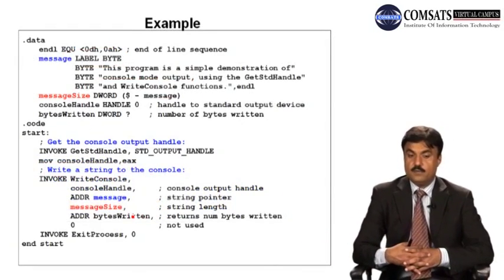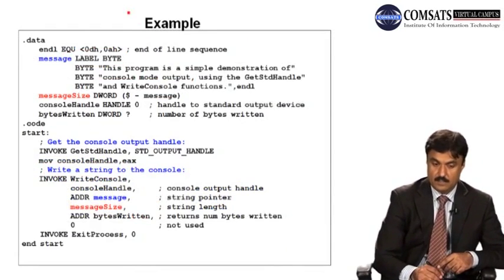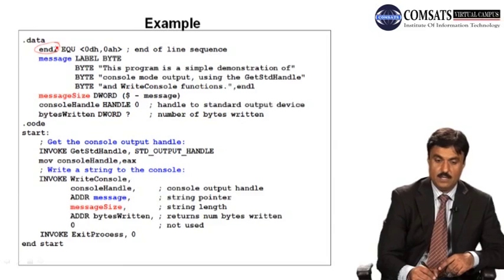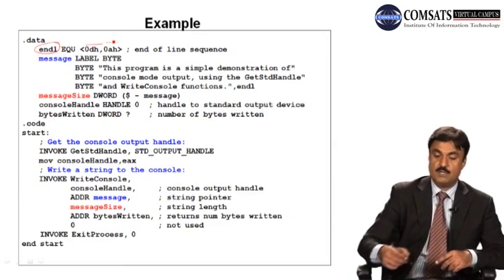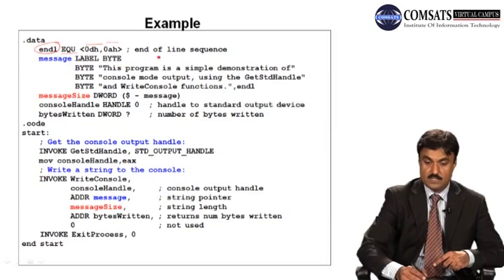In this example, we have defined endL, carriage return and line feed, assigned the name endL. So we've defined one end-of-line sequence. Then the message that we want to print. The message is a label byte, and this is the complete message.